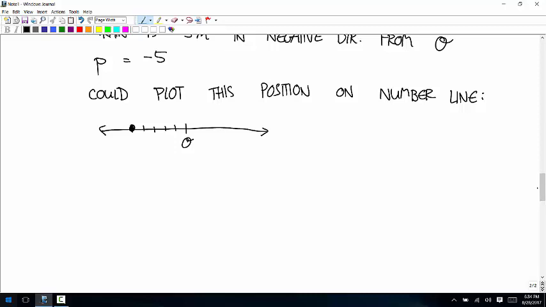In order to come up with, so remember our goal is we want to represent the position as a function of time. But we also need to assign numbers to times.